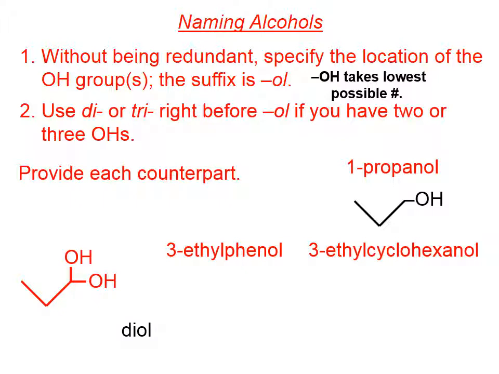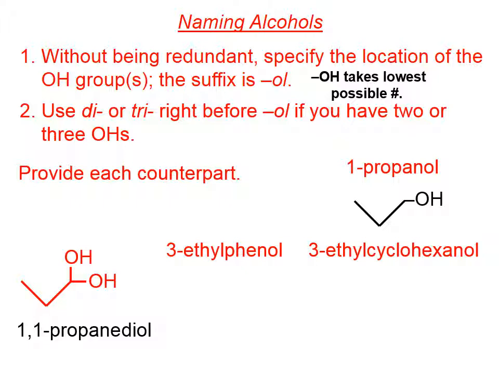Those are both attached to number 1, so this molecule is going to have the name 1,1-propanediol. If we had something called 1,2-propanediol, then one of these hydroxyl groups would be attached down here to this carbon number 2.